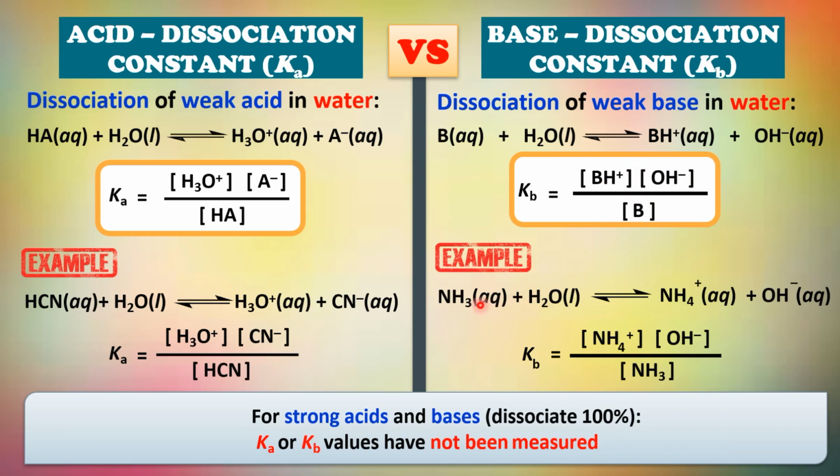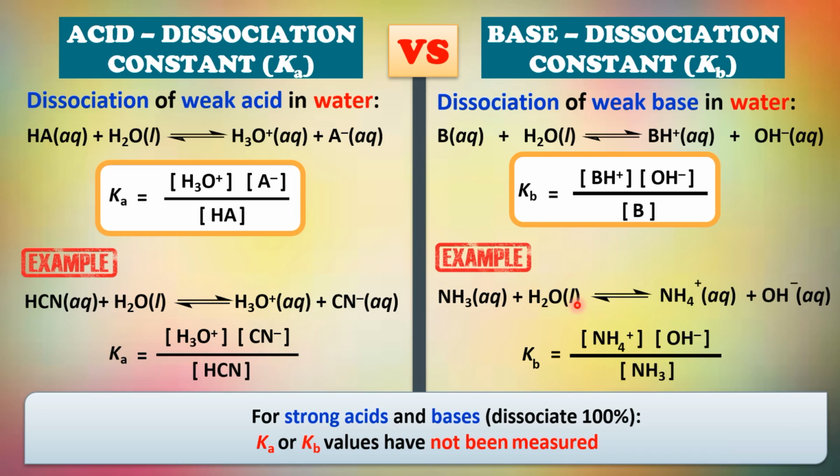So this is a real example: ammonia dissociating in water. Ammonia will accept a proton from H2O and become NH4 plus and OH minus.